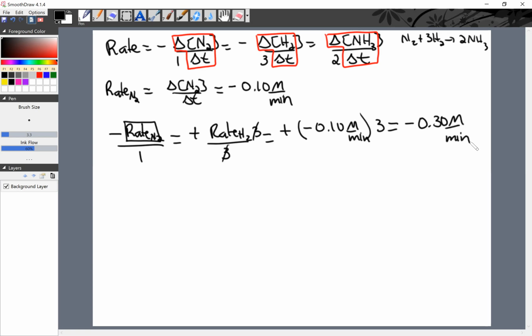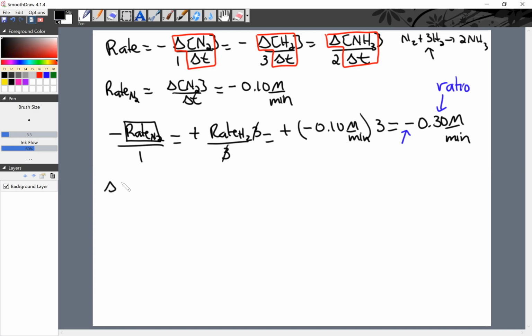Does that make sense? Well, yes, we know that the hydrogen has to disappear 3 times faster than the nitrogen. So the negative means it's disappearing. We know this is a ratio or a comparison to the nitrogen. And so that makes sense.